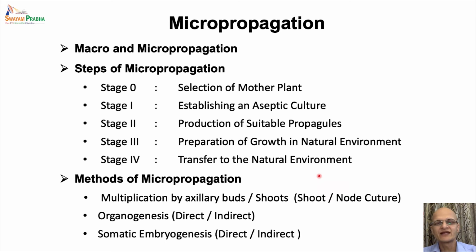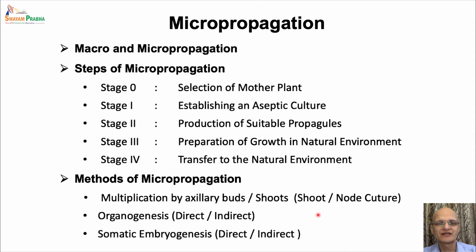And then finally, we talked about the various methods of micropropagation, where we talked about the multiplication by axillary buds and shoots, and I discussed it under two categories.